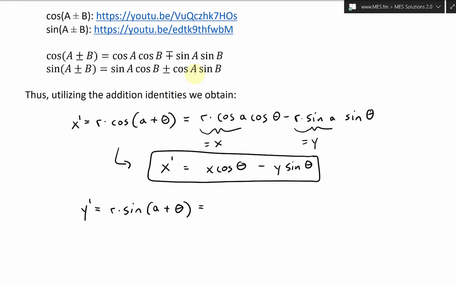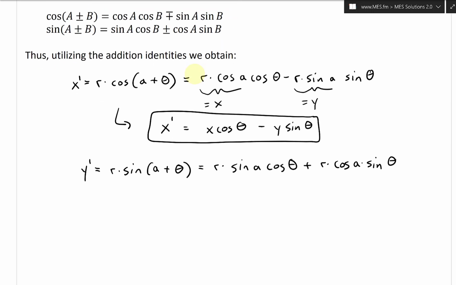So this equals r times sine a cos b, which is theta, then plus, multiplied by the r, cosine a, and then sine b, or theta. And that is what we get there.